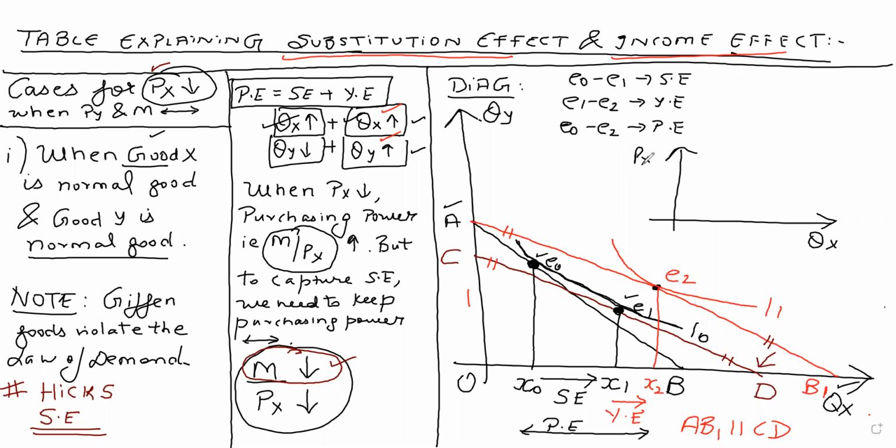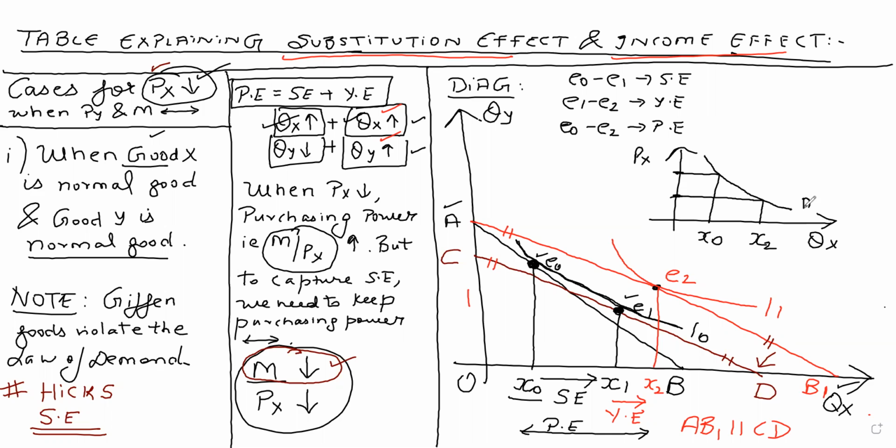If I plot the E0 and E2 points, you can clearly see that when my price was high, my initial quantity was X0, and now when my price falls, my new quantity is X2. So when I plot these points, I get the demand curve.